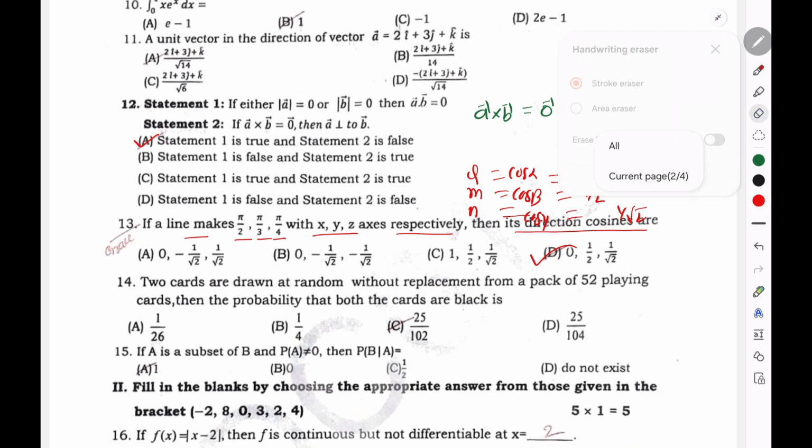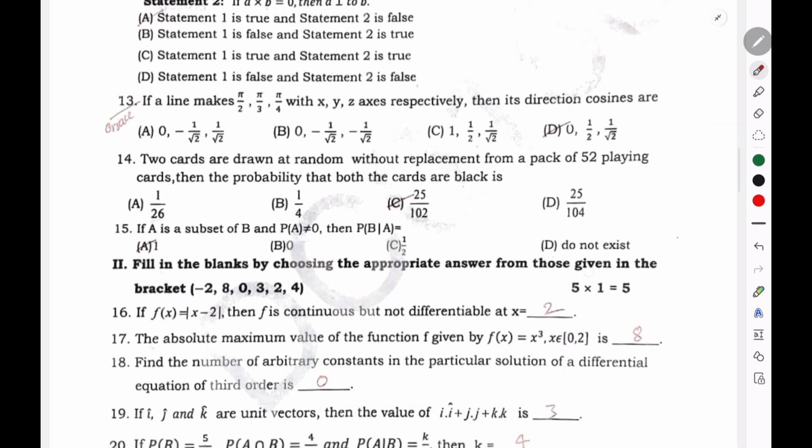Next, 14. Two cards are drawn at random without replacement. Very important: without replacement means they are dependent events. From a pack of 52 playing cards, what is the probability that both the cards are black? In a pack of 52 cards, there are 26 black cards.